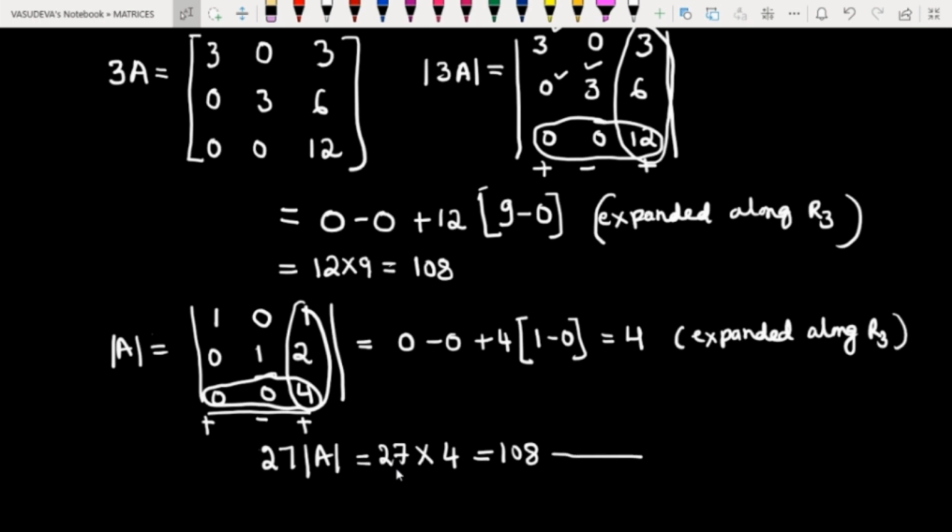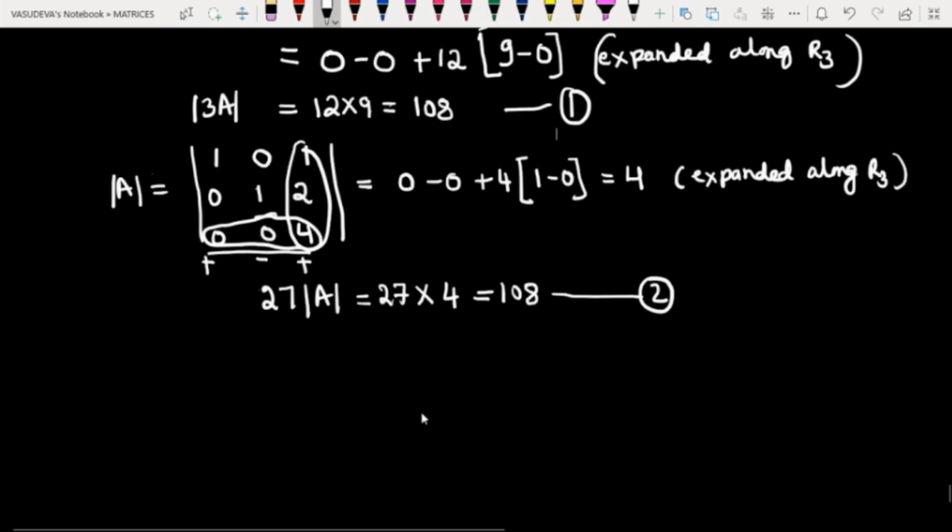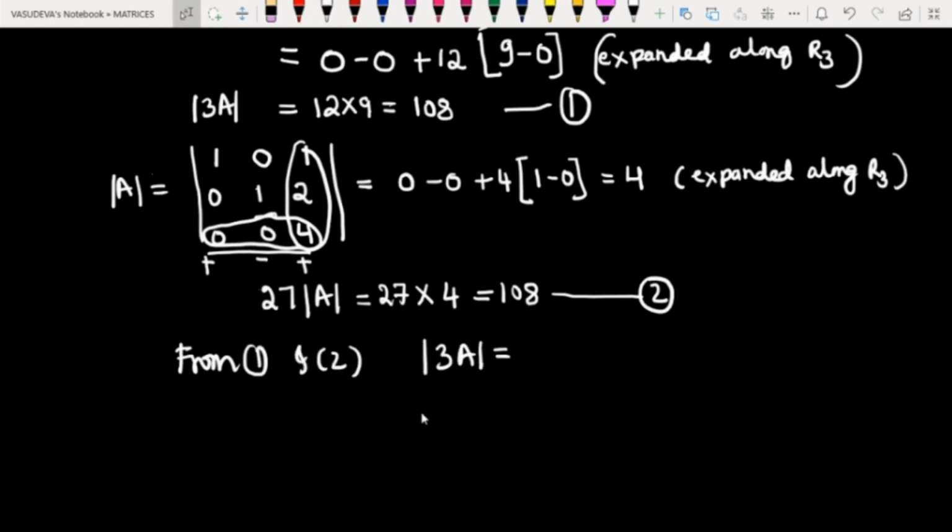Take this as 2, and the determinant of 3A equal to 108, take this as 1. So from 1 and 2, we conclude that the determinant of 3A is equal to 27 into the determinant of A.